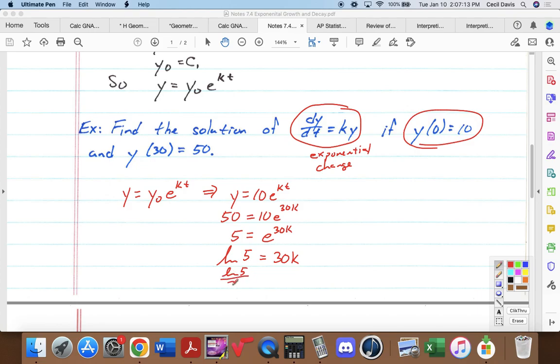So the natural log of 5 over 30 is equal to k. So now my equation is y is equal to 10 e to the, typically it's written as t times the natural log of 5 over 30.